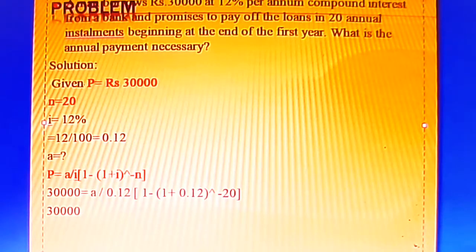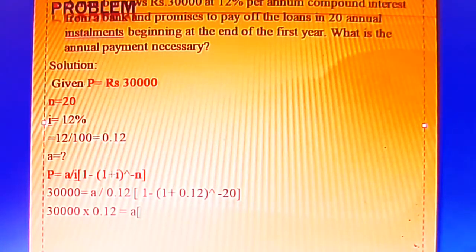So 30,000 is equal to, what we can do, 0.12 is in the division. When it comes to the other side, multiplication. So 30,000 multiplied by 0.12, which is equal to A, we'll keep it as it is, small a. Then what is remaining?